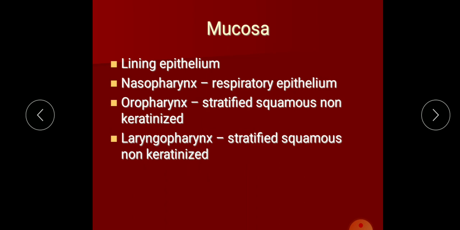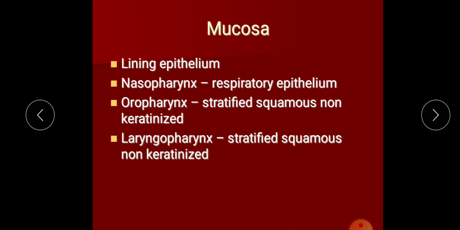So now we are starting with the mucosa. So it's very easy to remember the mucosa. Think of the lining epithelium. Always remember the oropharynx and the laryngopharynx will be lined by stratified squamous non-keratinized epithelium. But the nasopharynx will be lined exclusively by the respiratory epithelium.